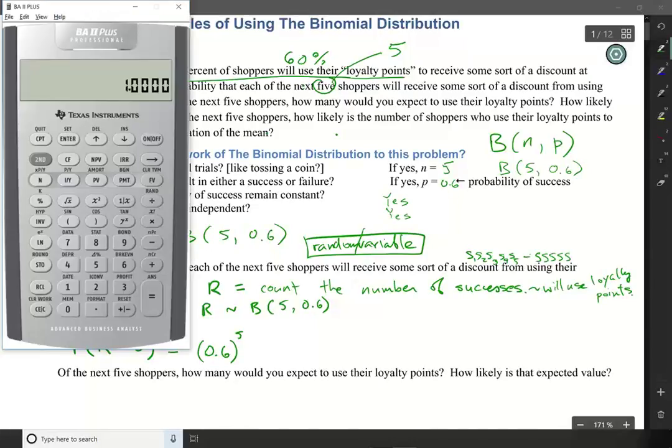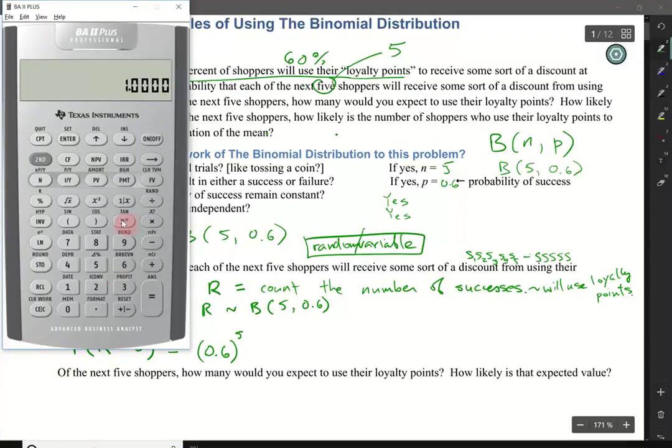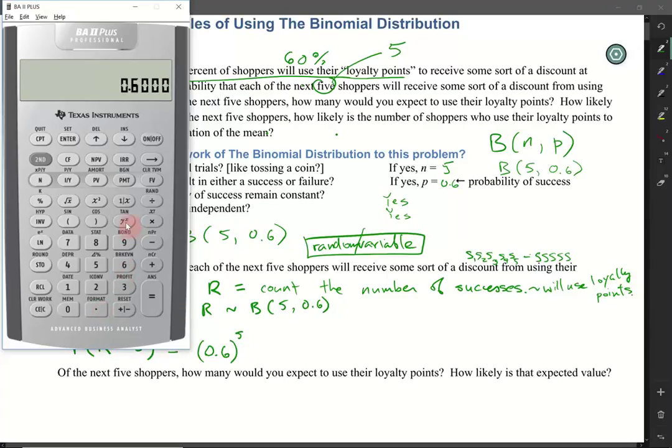So the exponent is this y to the x. We want to do 0.6 to the 5th power, so we do 0.6, and then when we push y to the x, that first number, the 0.6, goes to y, and the second number that we push in is x. So y to the x means the first one we pushed in, the 0.6, becomes the base, and the one we see now is our x, the exponent.